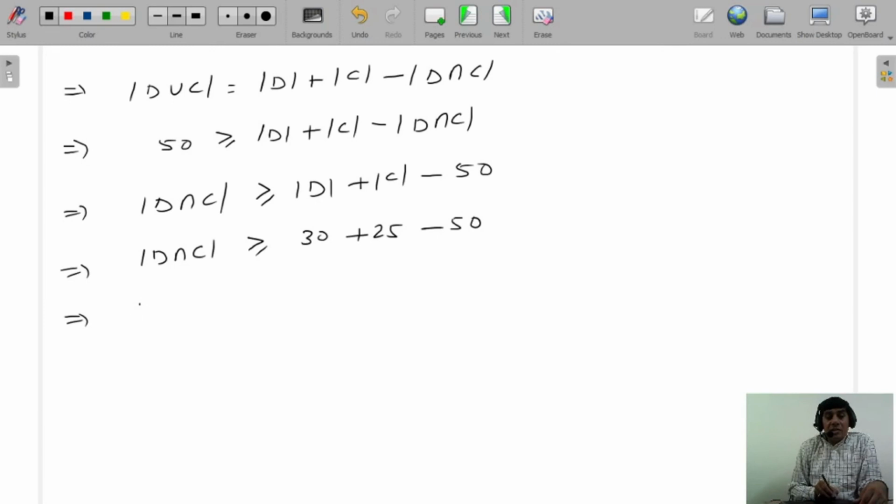This implies modulus of D intersection C is greater than or equal to 5.